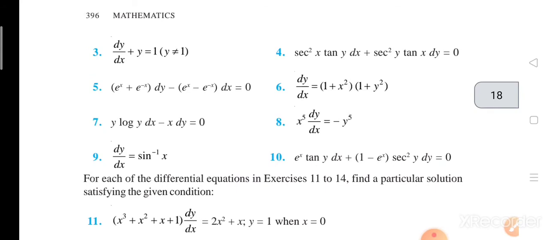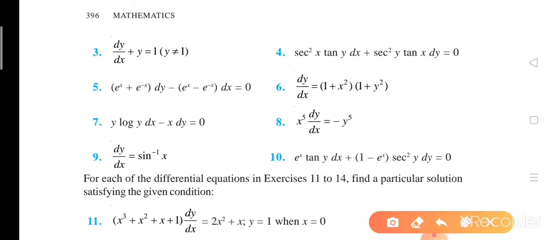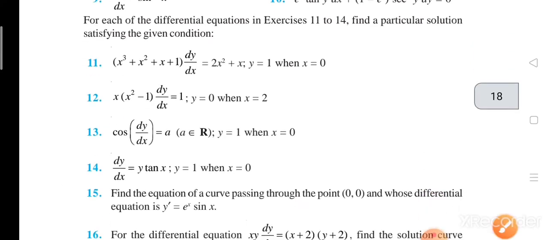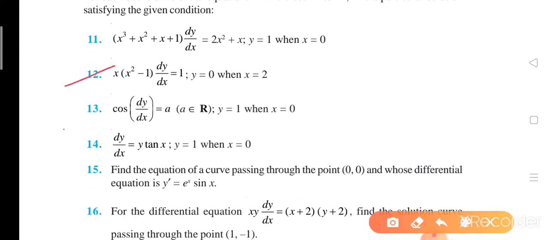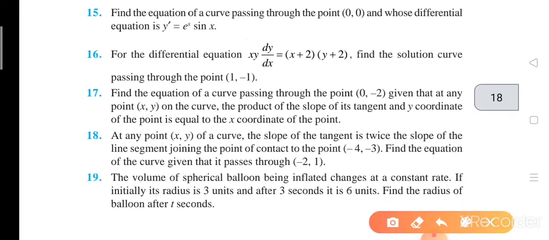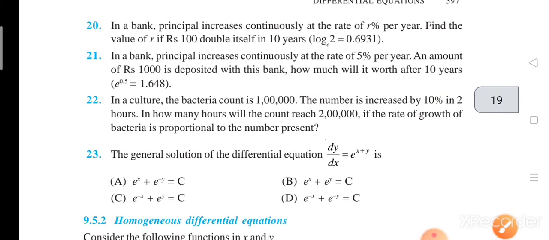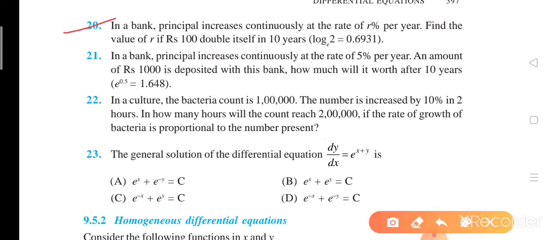Important questions from this exercise are question number 12, 13, 17 and 19. Then we have these word problems 20, 22 and 23.